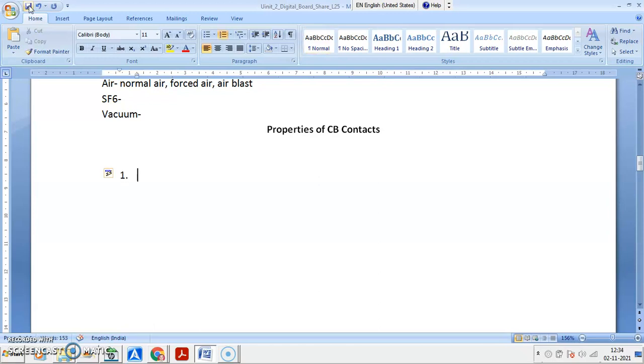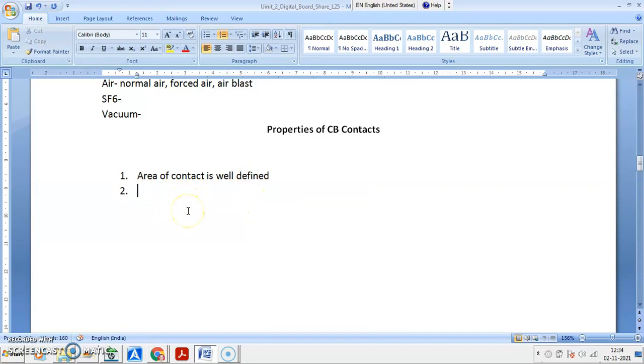What are such certain properties? Properties means you have to define the contact area, how much area will actually come in contact. It is necessary that the area of contact is well defined.